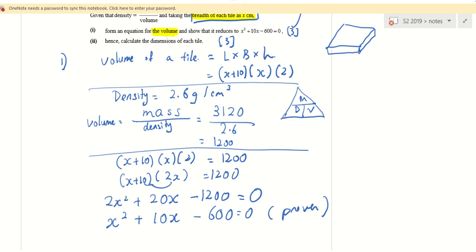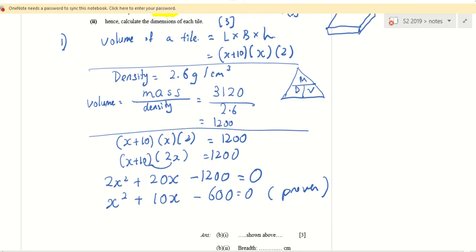I must find the value of x. That means I must use cross factorization. Is it easy? Yes, very easy. x minus 20, x plus 30.